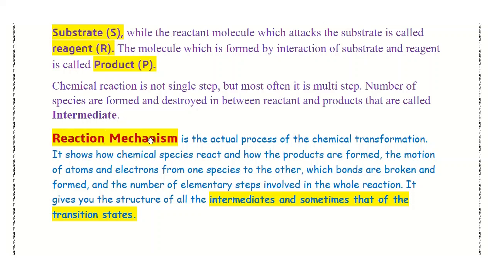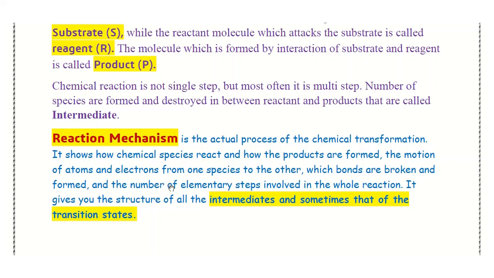A reaction mechanism is basically a series-wise, step-wise actual process of chemical transformation. It describes the real mechanism by which a reactant molecule reacts and gets converted into the product. By understanding the reaction mechanism, we may observe how the movement of electrons occurs between the two chemical species, and which types of bonds are being formed or broken among them.